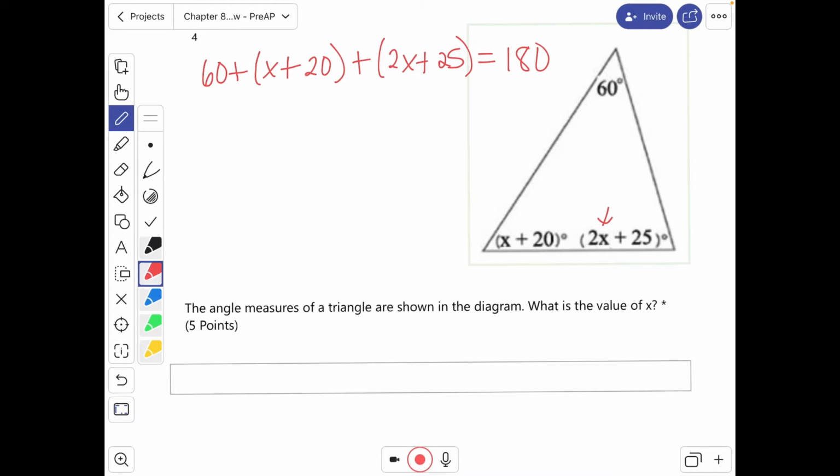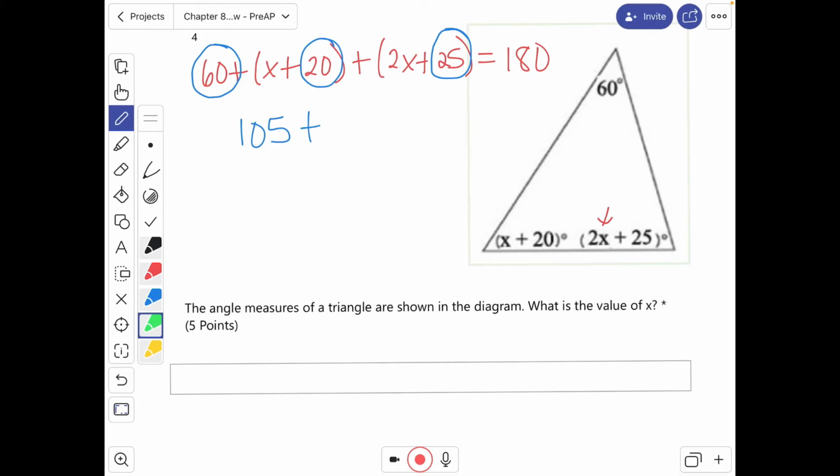The first thing we need to do is combine like terms. So we combine all the constants, the ones that do not have a variable with them. So 60 plus 20 plus 25 make 105.